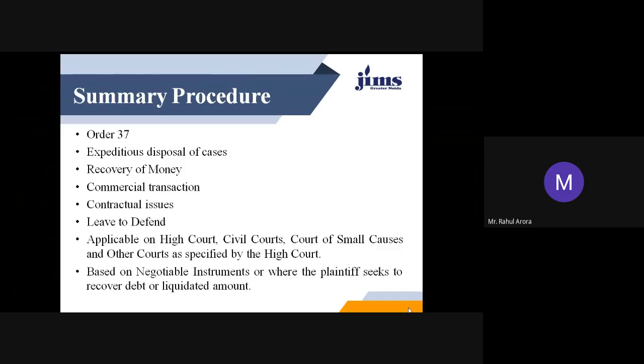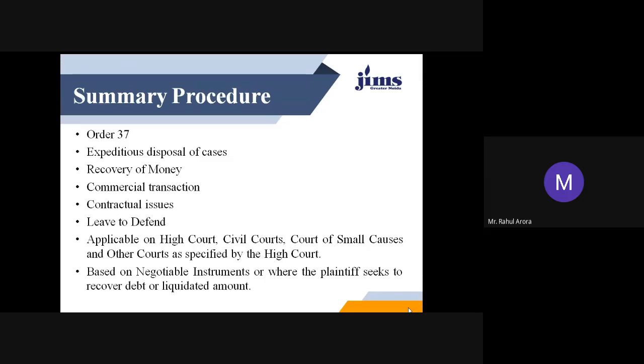Furthermore, where there is a bouncing of cheque, or where there is a written instrument, this written instrument includes the cheque issued by the party in favor of another party. So from this we can draw an analogy that a civil suit can be instituted for dishonor of the cheque as well, apart from the other statutory remedies provided under Section 138 of the Negotiable Instruments Act.